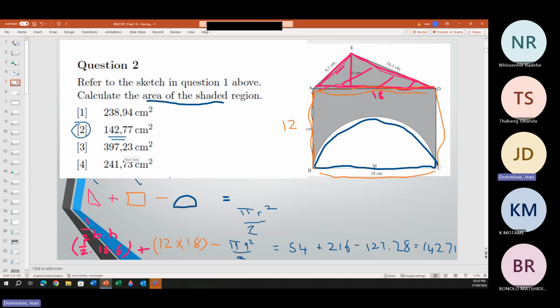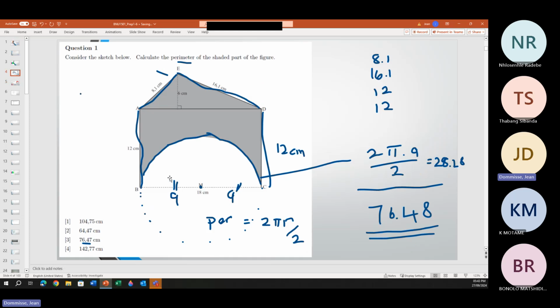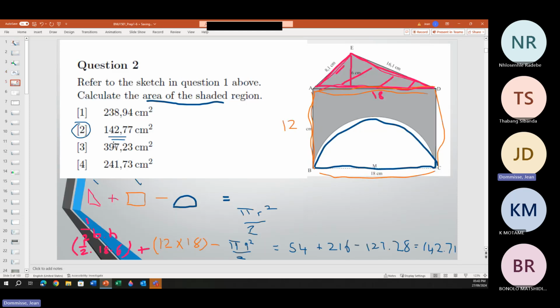Okay, so again, basically using the same picture as question 1. Here, instead of a perimeter, we needed to work out the area component. So again, this will be step by step that you need to work out.